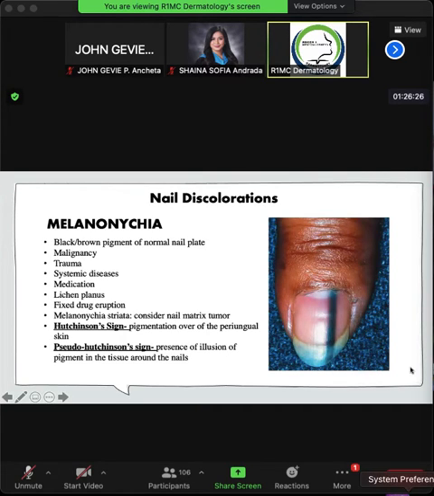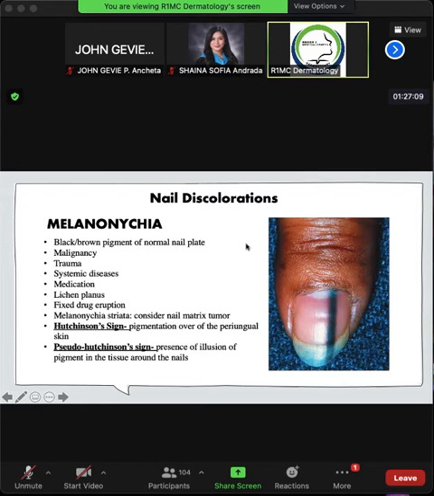It is usually seen in patients with malignancy, in trauma, in systemic diseases, and with medications. It can also be seen in patients with lichen planus, fixed drug eruption, and usually, if the pigmentation is over your periungual skin, so pag lumalampas siya in this area, we call that your positive Hutchinson sign, which can be a differentiating factor for your nail melanoma.